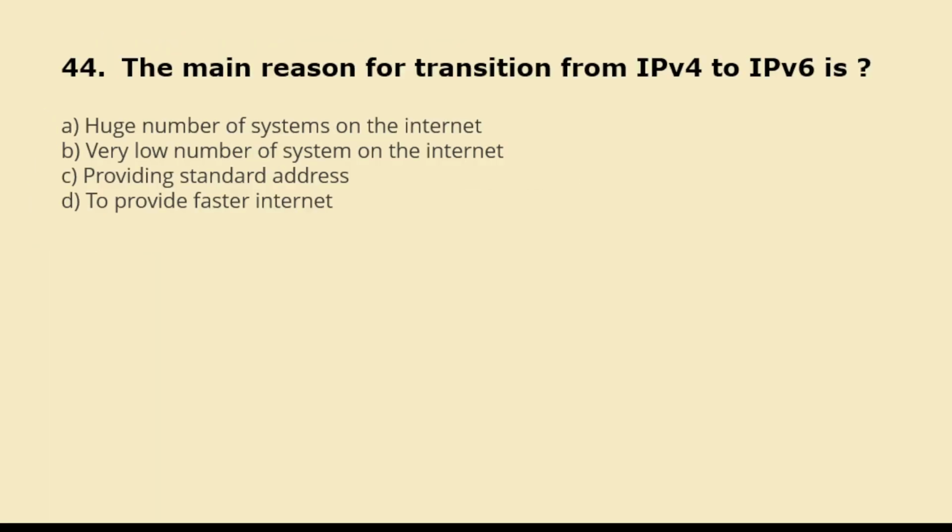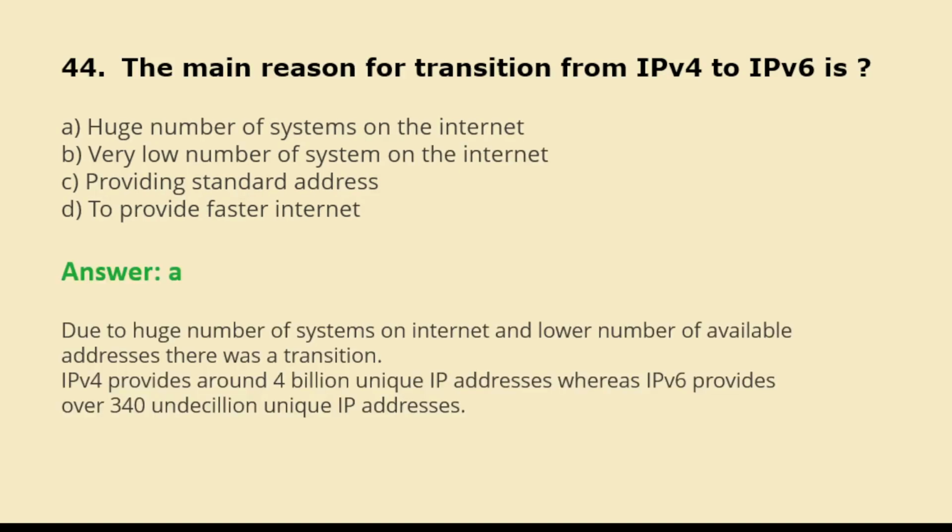Question 44. The main reason for transition from IPv4 to IPv6 is A. Huge number of systems on the internet. B. Very low number of systems on the internet. C. Providing standard address. D. To provide faster internet. So the correct answer is A. Huge number of systems on the internet.